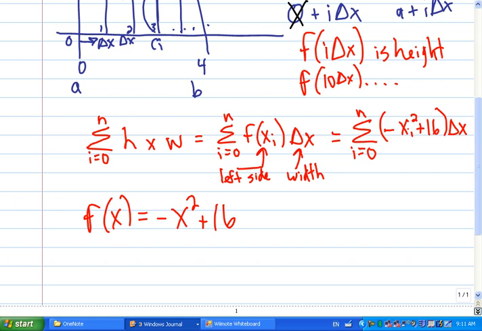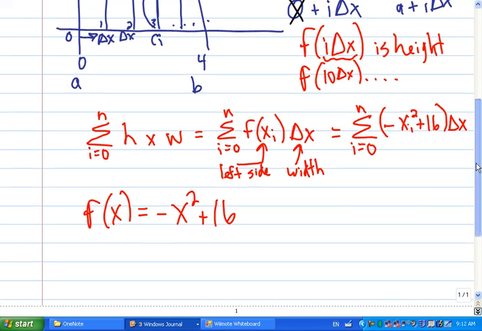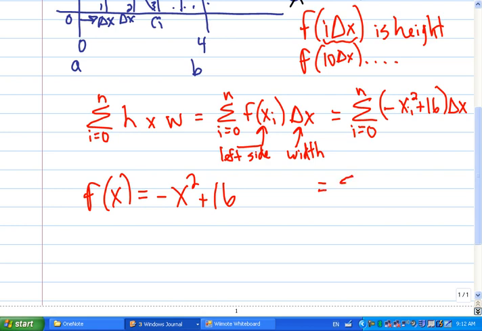And how do we get those xi's? Well, we said it was going to be at i times delta x. So that's what I'm going to substitute in. So this is negative i delta x squared plus 16.